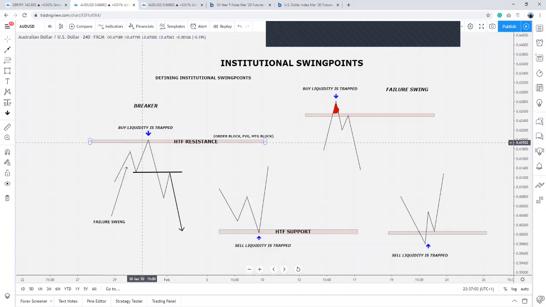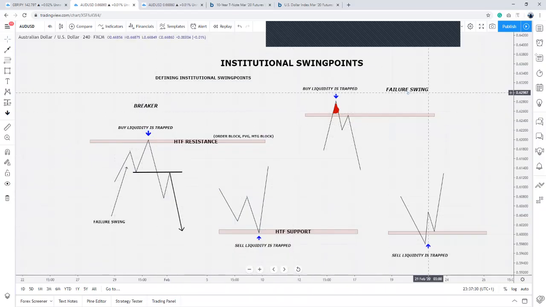So that means you're getting the market at the most premium price possible and the most discounted price possible. That's where you're getting your trade. So the breaker offers the most premium price and the most discounted price, because this is where the market makes its original turning point. Okay, so now let's go down to the failure swing.